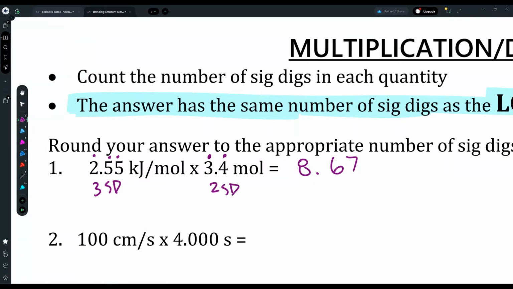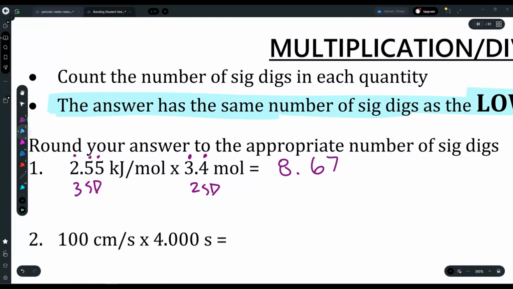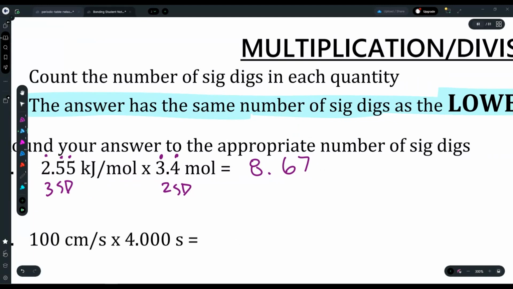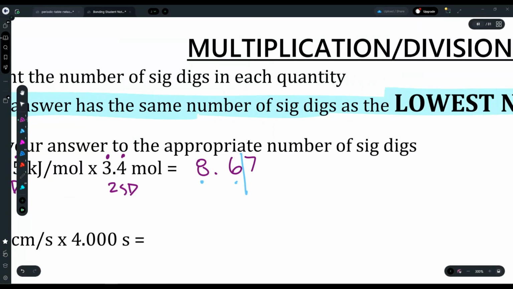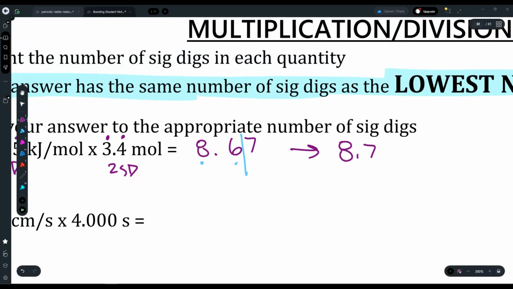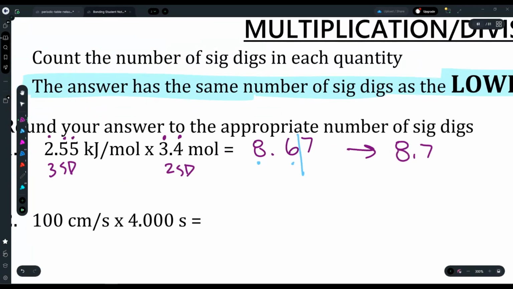So I'm going to go with the one with the least amount of sigdigs, so that means my answer has to have 2 sigdigs. So I'm going to draw my cutoff line after the first 2 sigdigs, and then my answer will be 8.7.